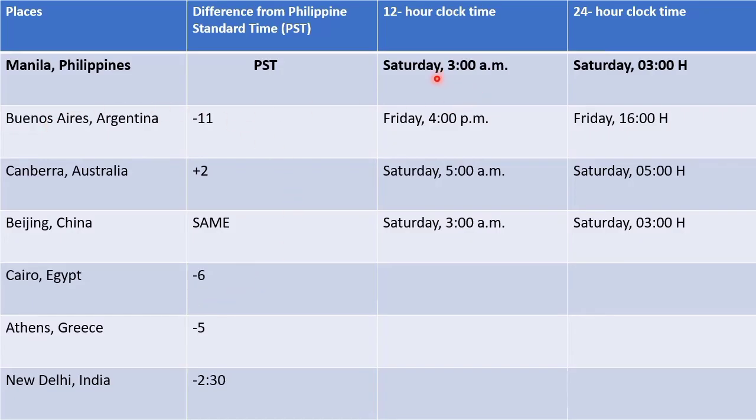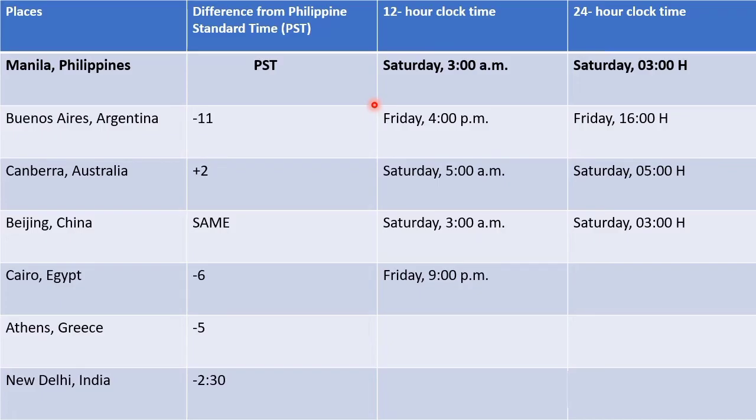Okay, so, sasubtract natin from Saturday 3 a.m. yung 6 hours. So, if we will subtract dito sa 3 a.m. ng Saturday, yung 6 hours. Bawas ka ng 6 hours kay Saturday 3 a.m. Ang sagot ay Friday 9 a.m.